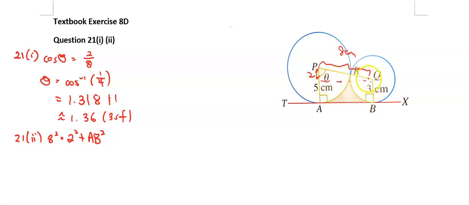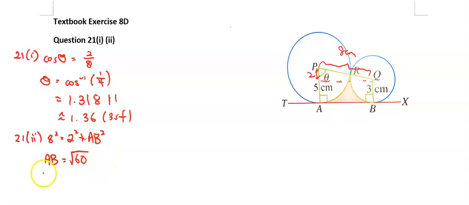The base length of our triangle equals length AB, so AB squared will be 64 minus 4. So we will get square root of 60. That's our length of AB.